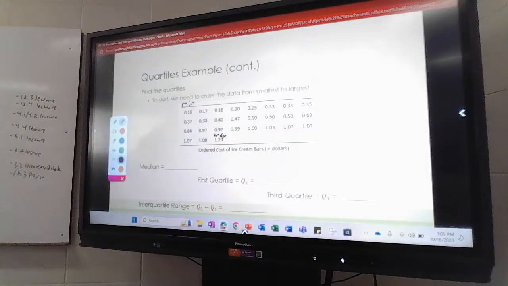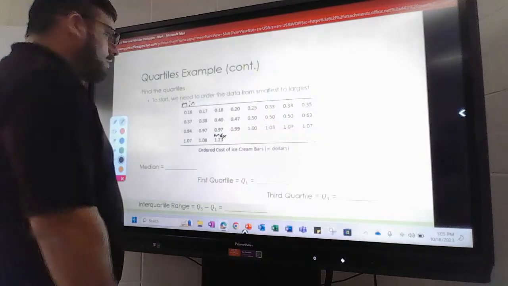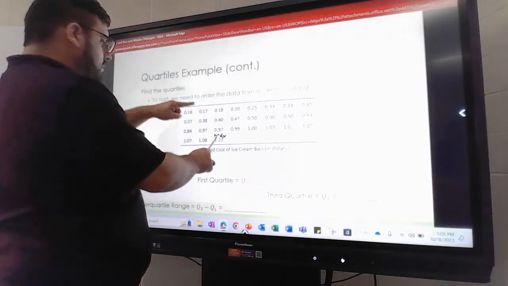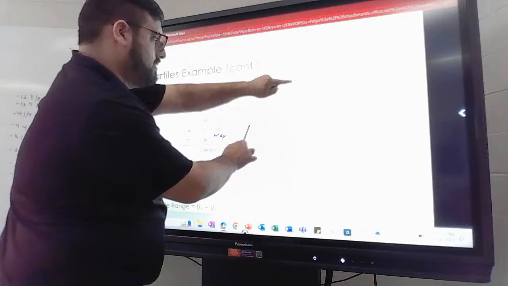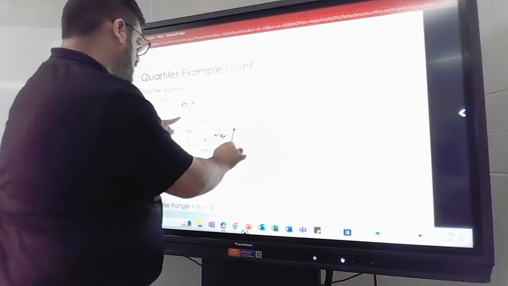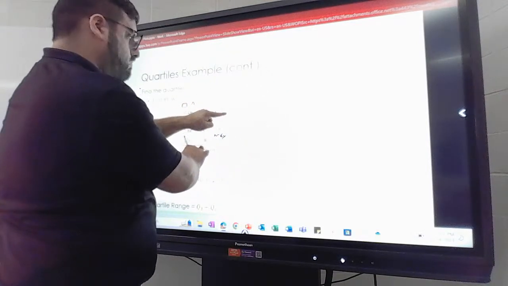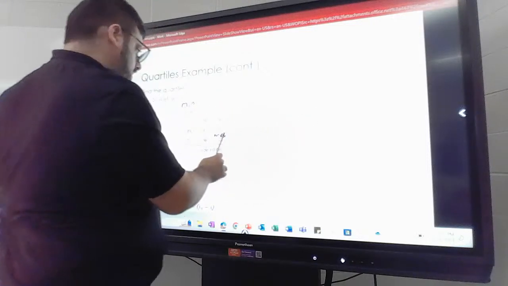I want to go ahead and find the median. There are about 27 values up here, so the median is going to be pretty simple. I'm going to look for the middle part of my data. So I'm going to scroll until I find the middle. Oh, wait, hold on. I messed up.